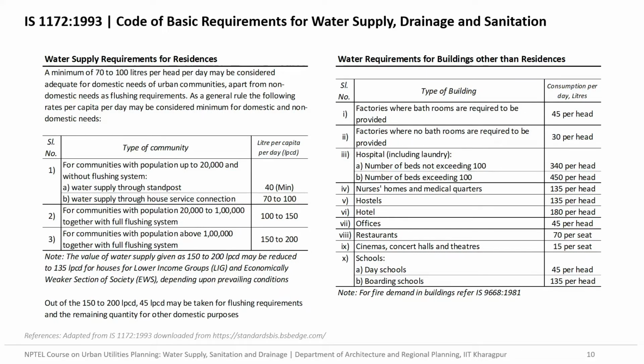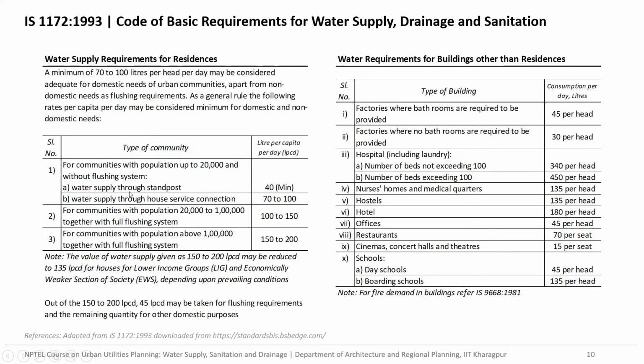So, for example, according to the type of community, communities with a population of up to 20,000 without a flushing system. Mind you, this flushing system is essentially your water WC or the Western closets flush that we have, or a water flush that is attached to an Indian toilet as well. So most houses in this community don't have a flushing system.